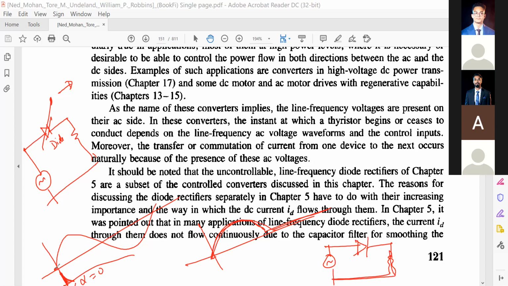And if it is a resistive load, then the current will be like this. And if the current is 0 and then negative voltage comes into the picture, this thyristor will be reverse biased and the current is 0, so it will stop conducting. I told you, to stop conducting any electronic device, it must be reverse biased as well as the current through it must be equal to 0.